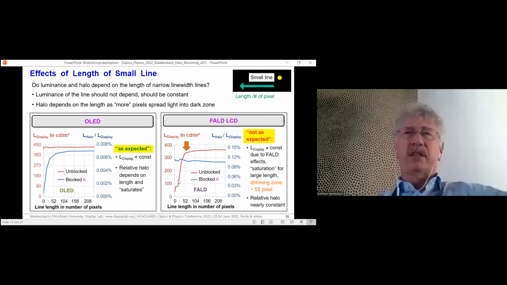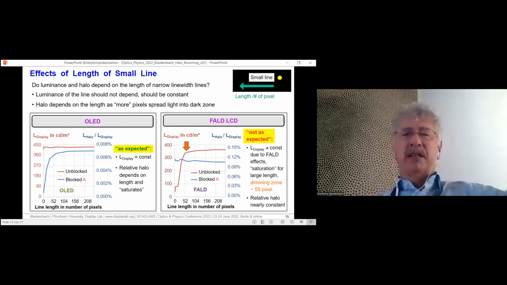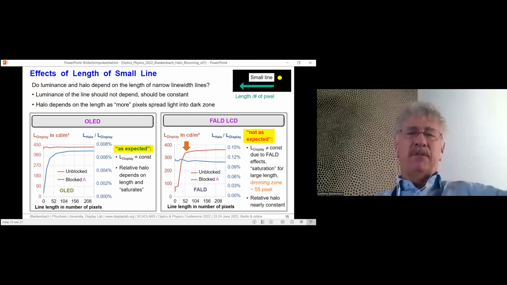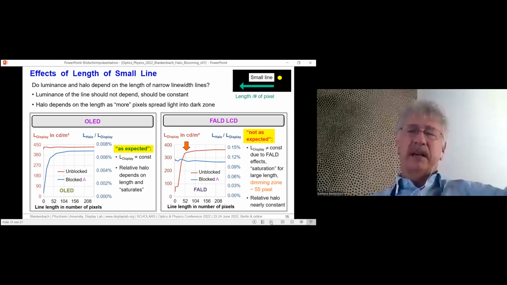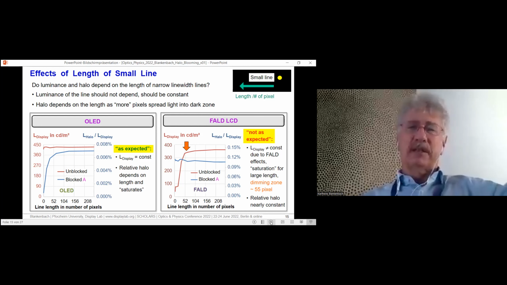That's not good for readability in cars, for instance. And if the size of the object, in our case the line, becomes larger, it's independent. We see as well that the halo here in blue is independent of the line length. This is as well a hint that halo is more serious on FALD LCDs than on OLEDs.